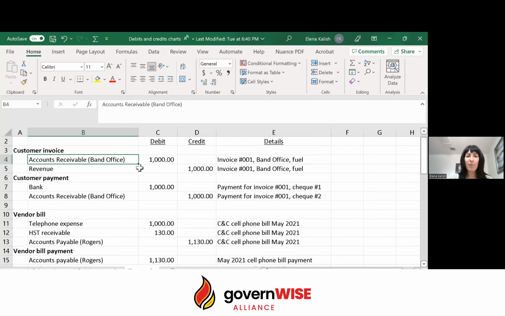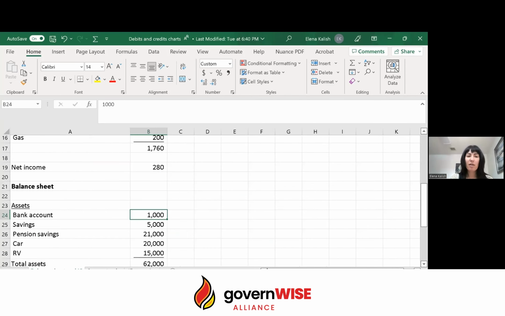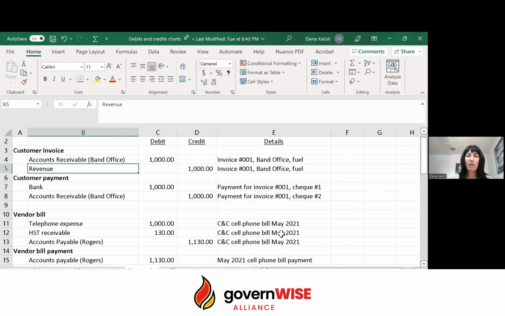That's what happened, right? So if we go back to our little cheat sheet here, well, that's on the presentation, but hopefully you'll remember that the revenue natural side is a credit, right? Actually, let's look at it. So what's happening here, we're increasing revenue, right?